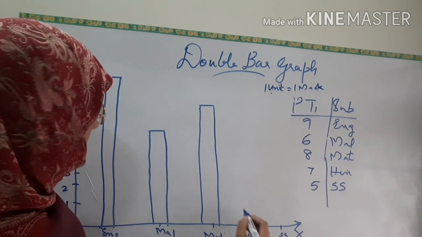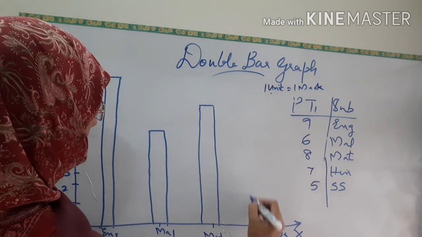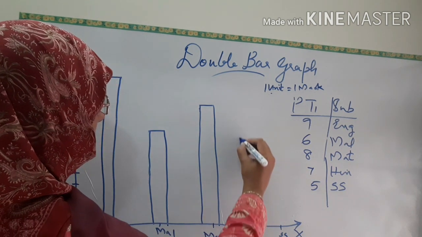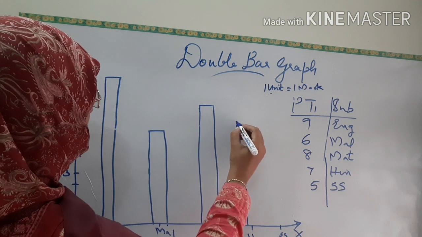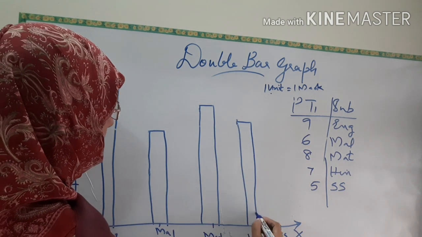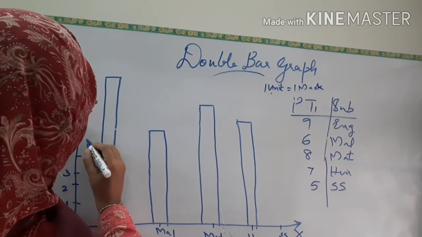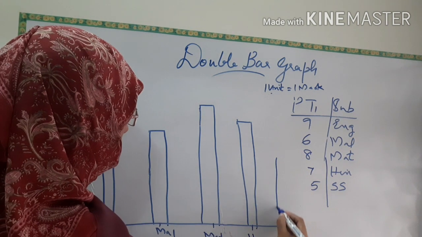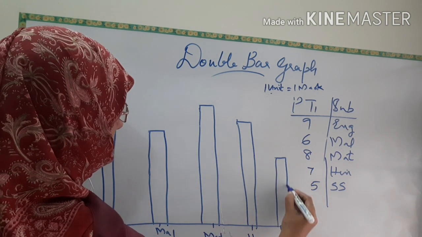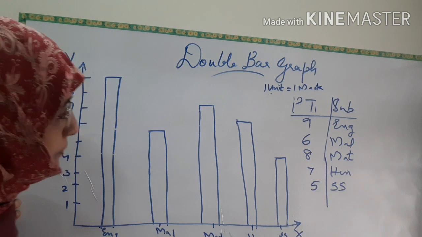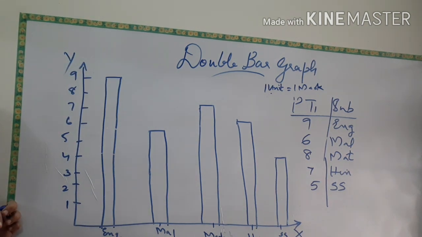Then Hindi 7. Then in SS 5 marks. Okay, this you already know. In the bar graph you can write it inside also, but when double bar graph comes, it is better to write below.